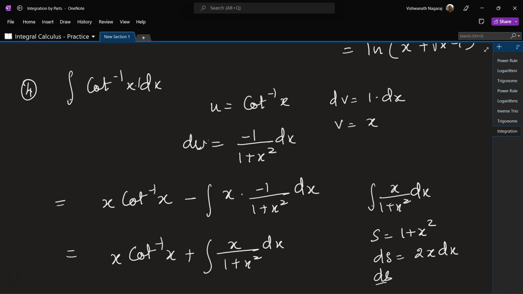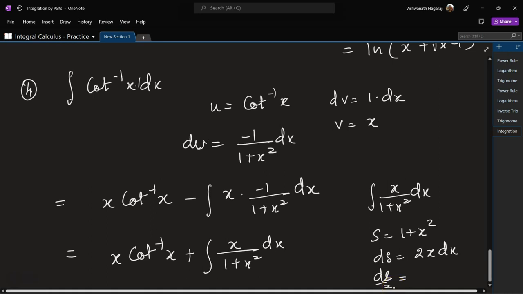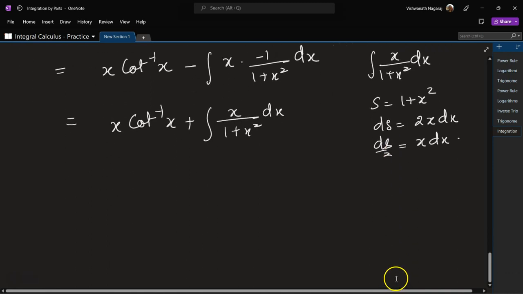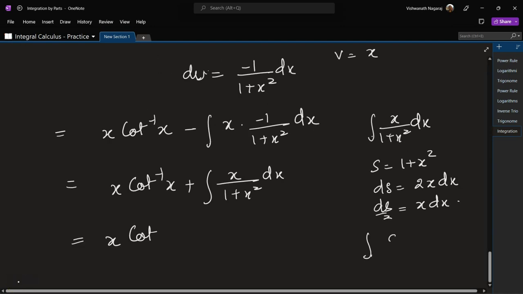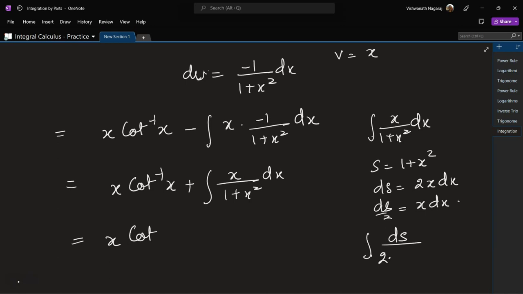That means ds by 2 is equal to x dx, because we have x dx. So let's do the substitution. Let's continue here itself, and finally we'll plug it in. We have x dx as ds by 2, and 1 plus x square is s.